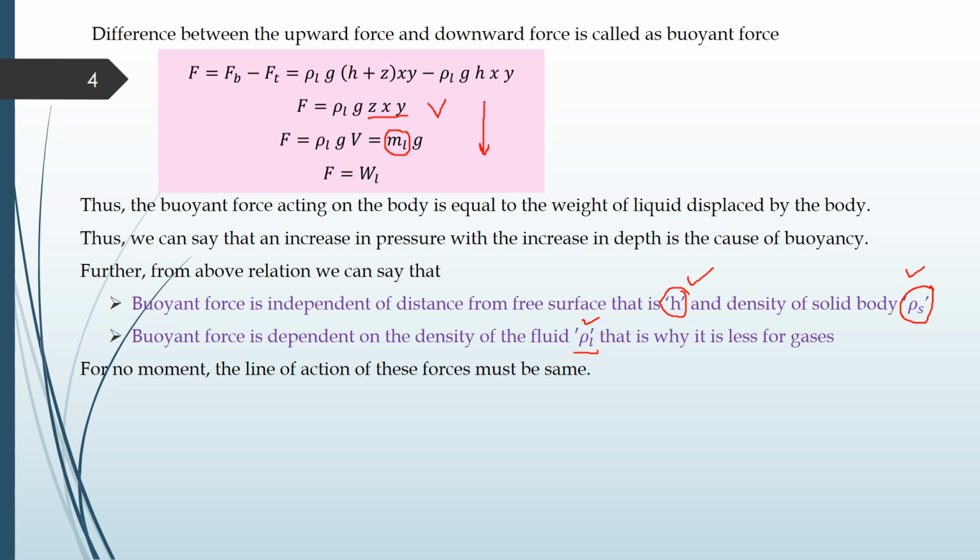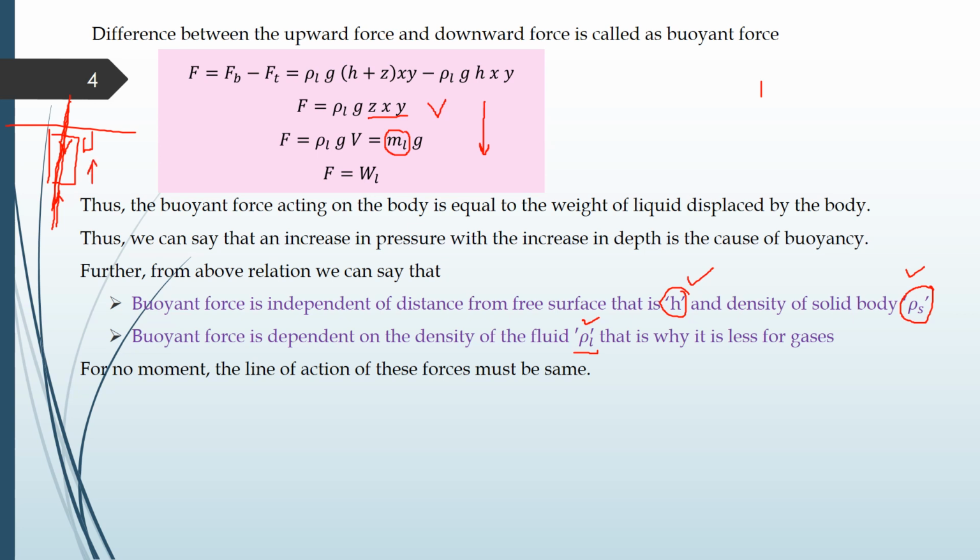Further, if we want that there should not be any kind of moment, the line of action of these forces must be the same. Let me tell you what I mean by line of action of these forces. Let me take a box over here in a liquid. The line of action of forces means the buoyant force as well as the weight of the box must act along the same line.